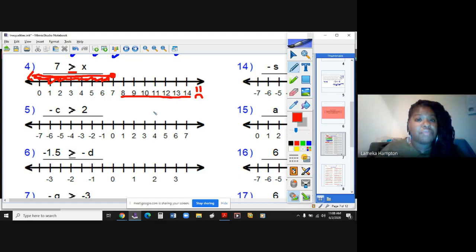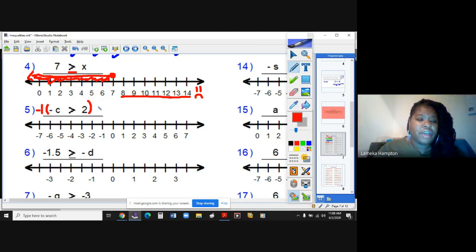It's okay for your number, your fraction, your decimal to be negative, but your letter cannot be negative. So what you're going to have to do is multiply everything you see here by -1. Because again, going back to integers, a negative multiplied by a negative gives us a positive.